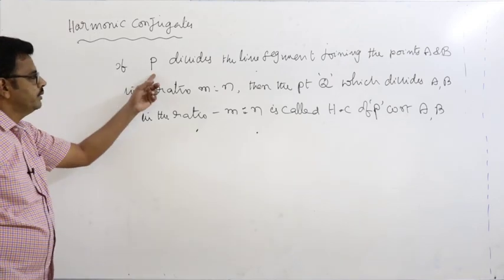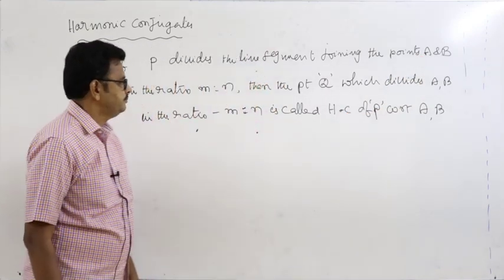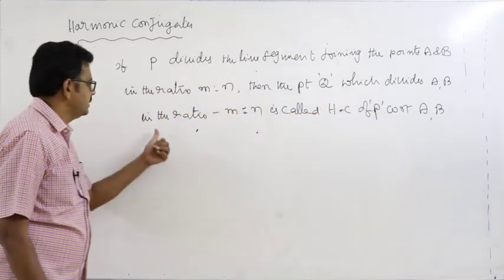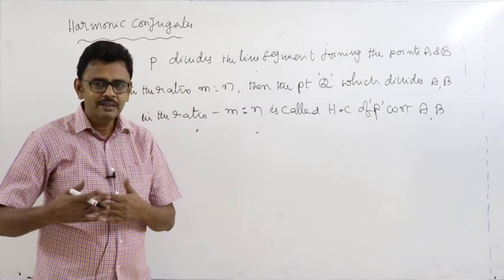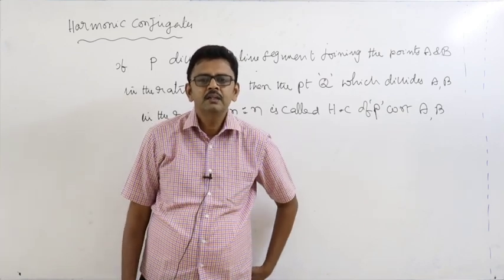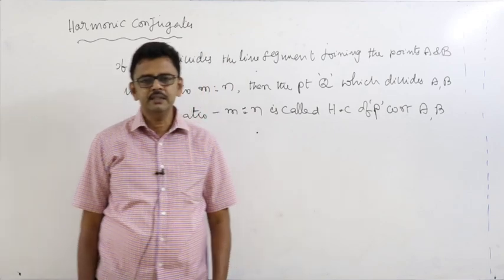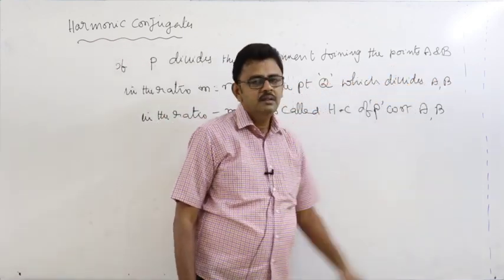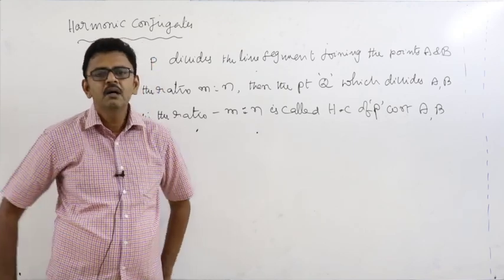Harmonic conjugate. If a point P divides the line segment joining the points A and B in the ratio m is to n, then the other point Q which divides AB in the ratio minus m is to n is called the harmonic conjugate of the point P with respect to A and B. That means two points P and Q divide AB in the ratio m is to n internally as well as externally, and they are called harmonic conjugates.